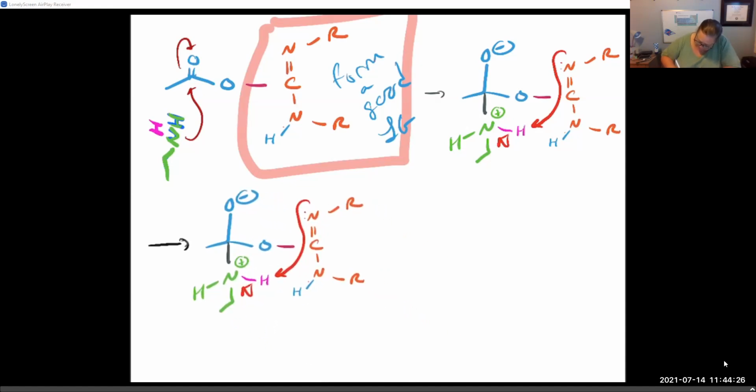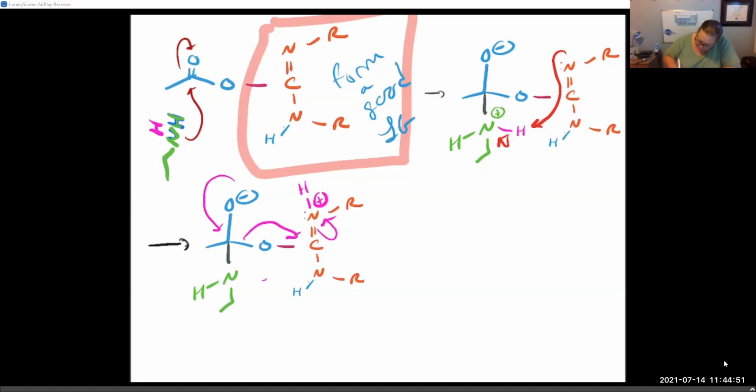So now I have this. Now I have my good leaving group, and this is where it's going to come off as the urea. So I have formation of this bond, urea, break this bond right here.